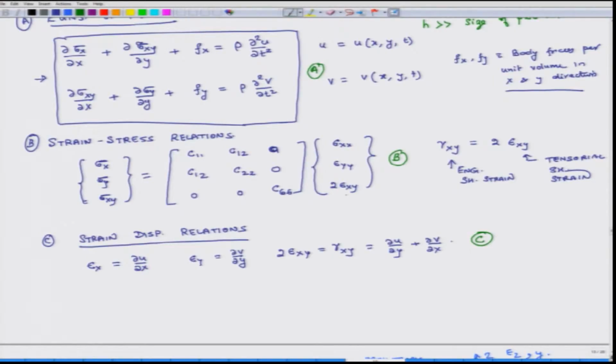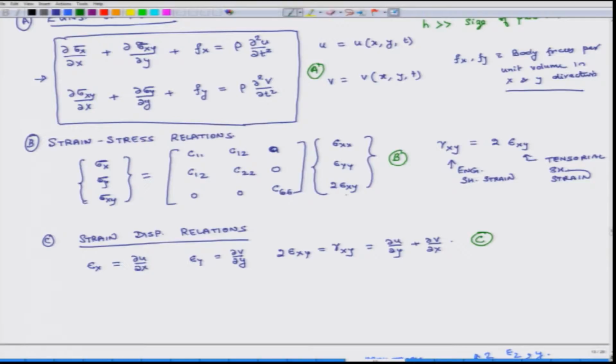First step we do is, we put the definitions of sigma x, sigma y and tau xy from equation B into A. Once we put B into A, we will have A only in terms of strains, agreed.